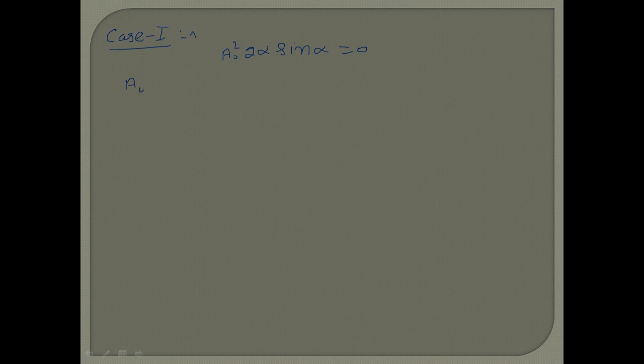Actually the A naught square is a finite amplitude.